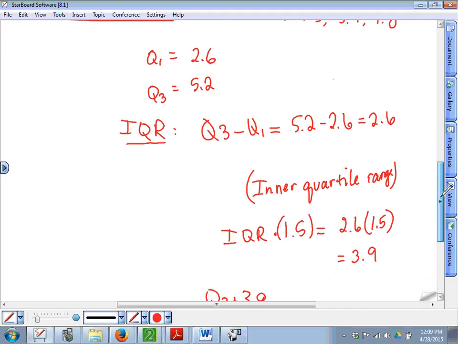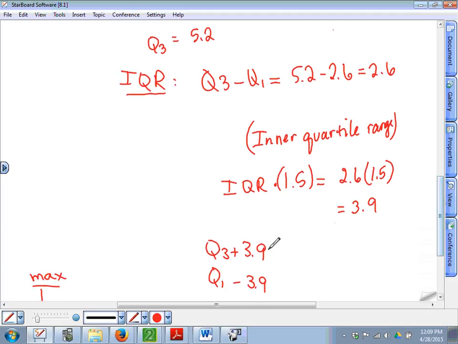Okay? Now you take that value, you add it to the end of Q3, and you take it away from the end of Q1. So you add it to Q3, you subtract it from Q1. You take this value, 3.9, you add it to Q3, and you subtract it from Q1.